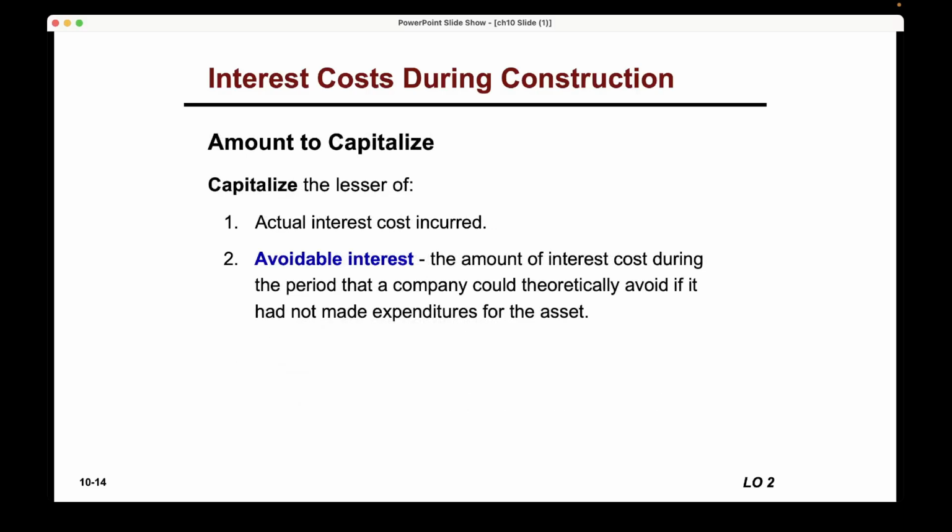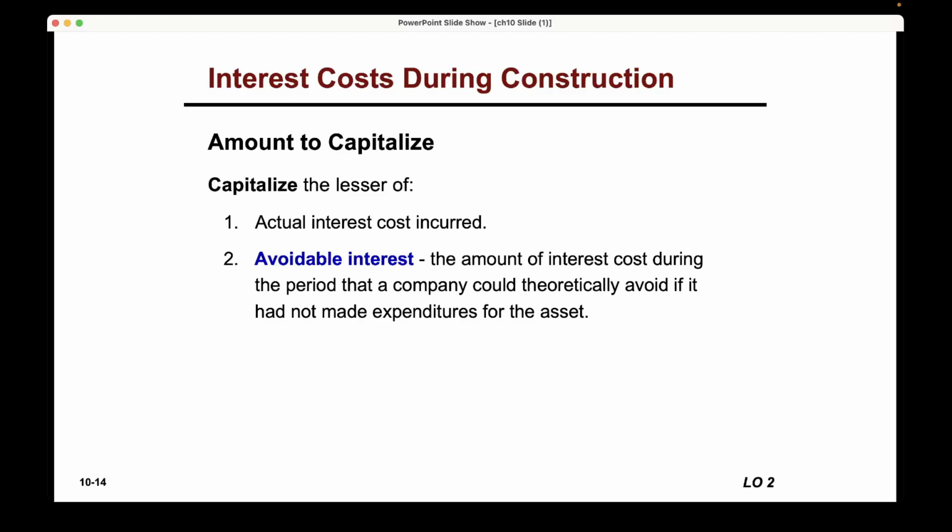Now, let's discuss how to determine the amount of interest that should be capitalized during the construction period. And it's going to be quite a long presentation. When a company incurs interest costs while building an asset, it doesn't simply capitalize all the interest.